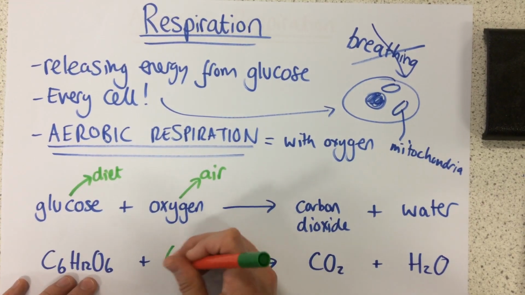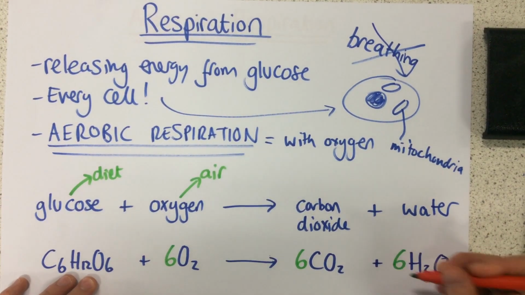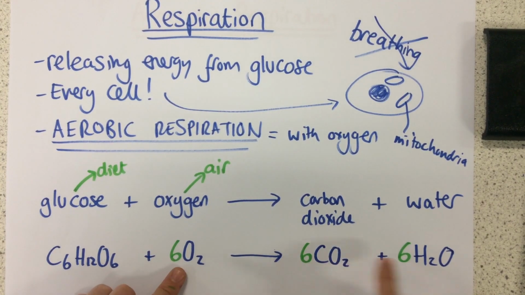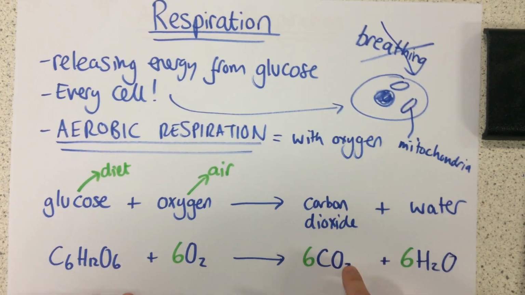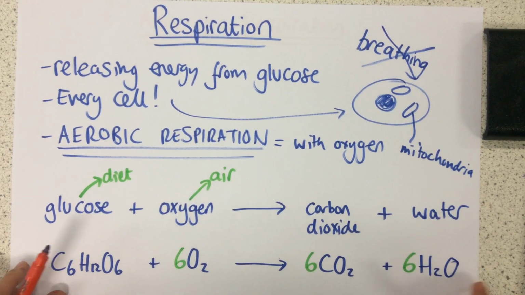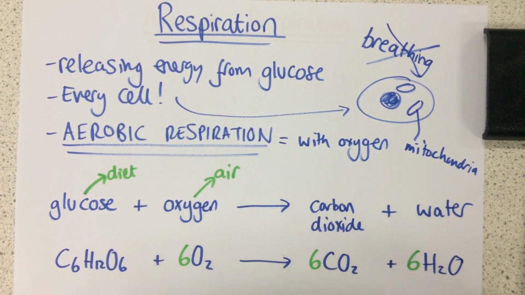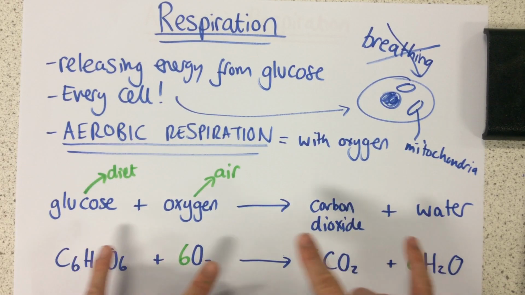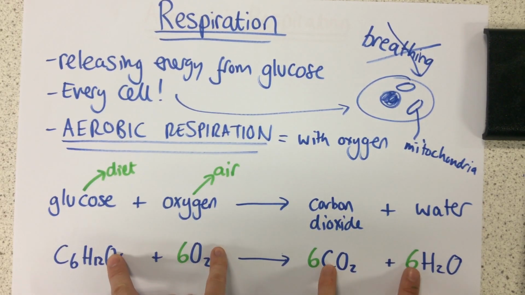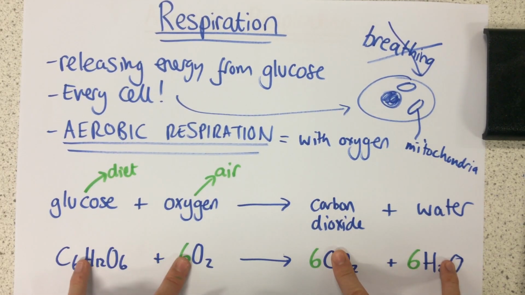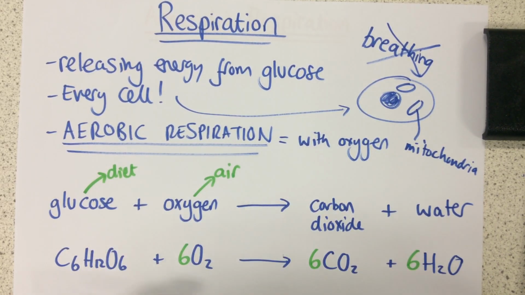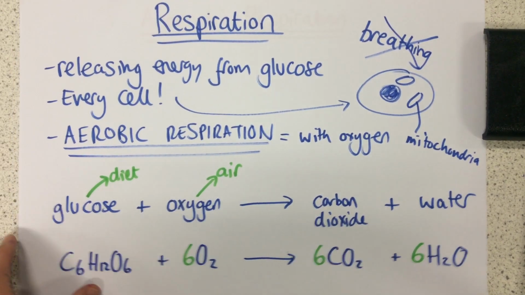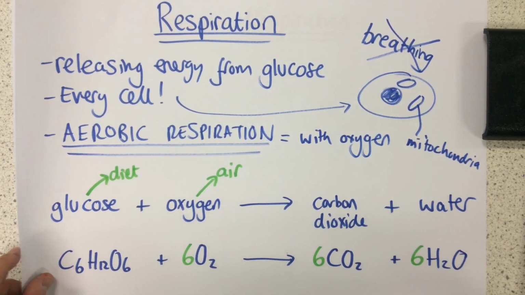Because we just need a 6, a 6, and a 6. 666. Maybe that's a good way of remembering it if anyone likes their rock and roll music. So, the nice thing about the respiration equation is it's the absolute opposite of the photosynthesis equation. So if you were to switch around the reactants and the products, you would have your photosynthesis reaction. So that will help you with both of those equations.